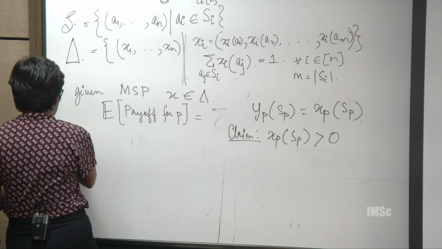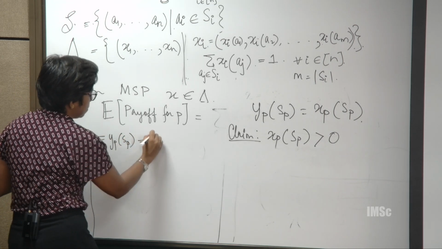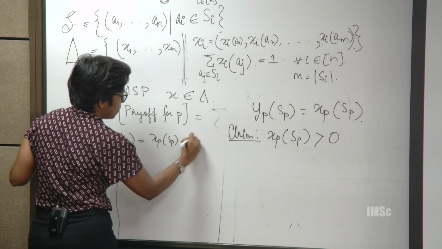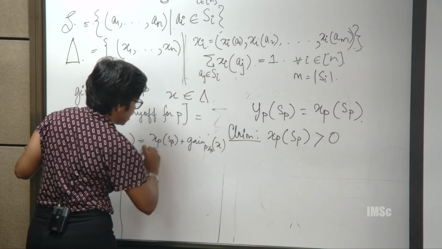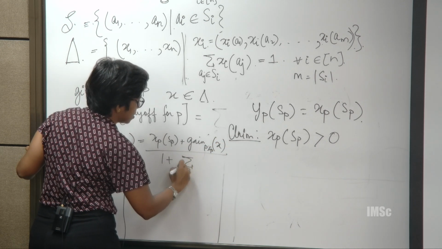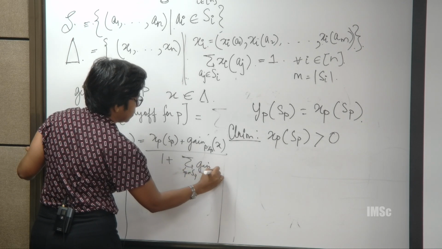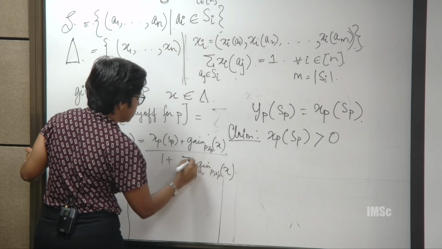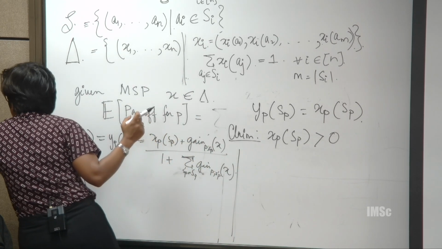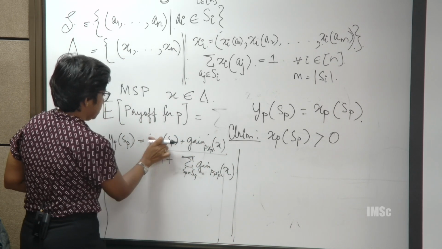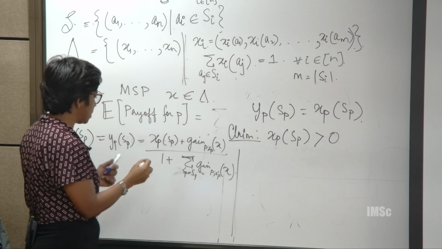So YP of x is equal to the definition of YP, which is XP plus gain P x over 1 plus this normalization, this thing, prime P. This is saying XP is greater than 0.